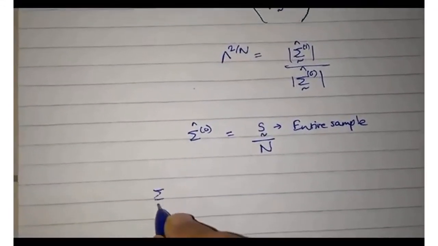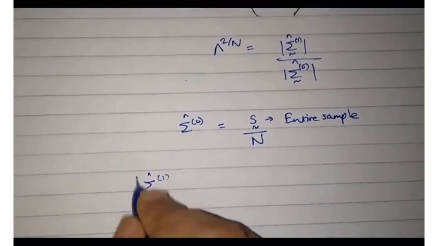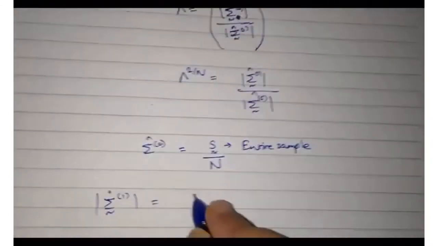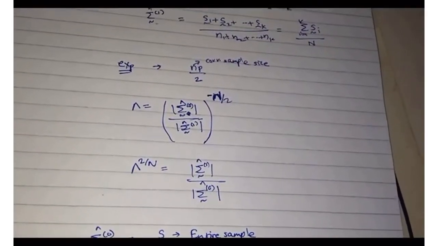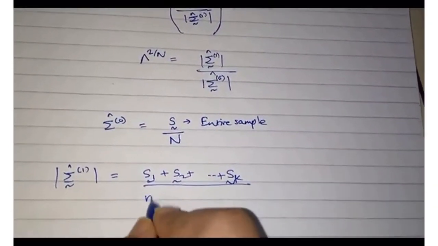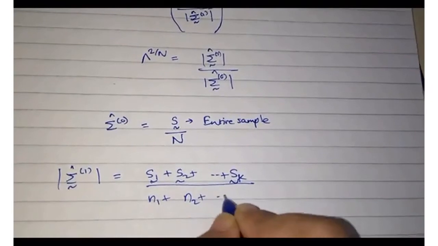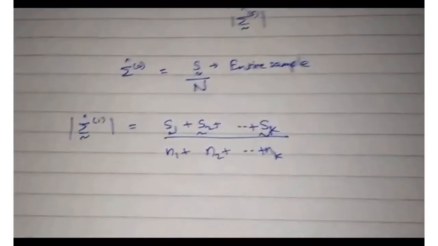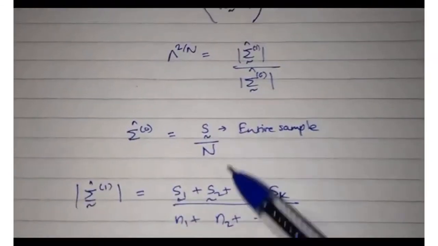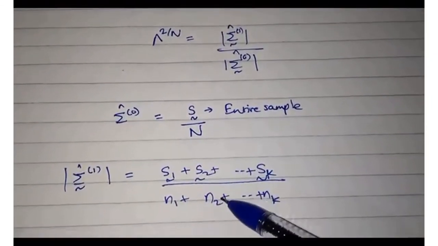So let me try to rearrange things. Sigma 1 hat we know is S1 plus S2 plus SK, all these are matrices, divided by N1 plus N2 plus NK. Okay, this we know. Can I try to find some relationship between this and this?